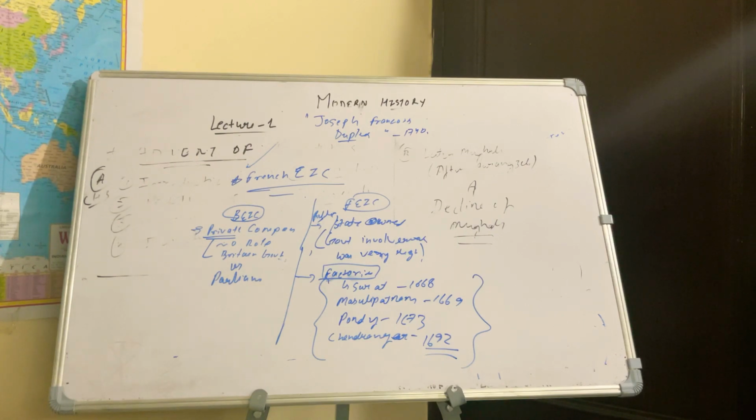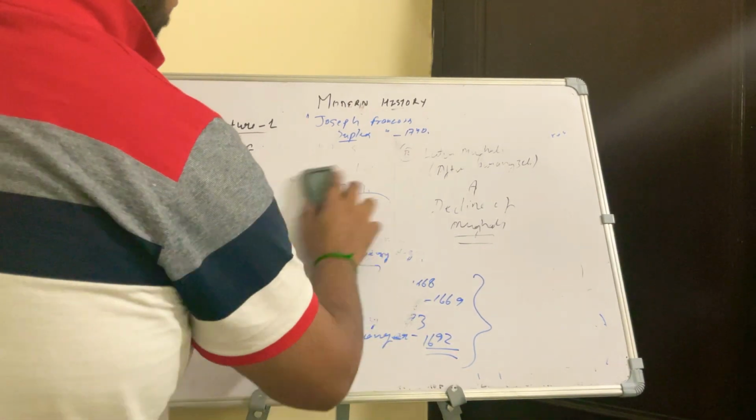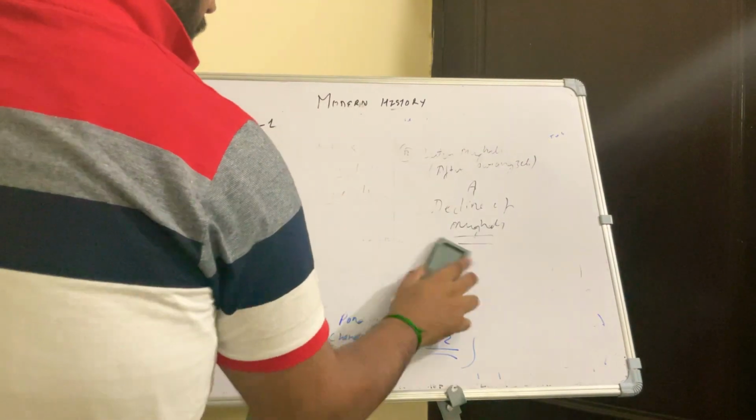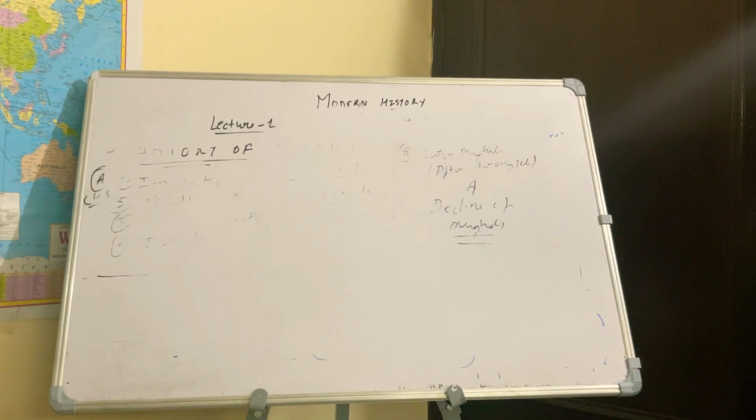As I told you in the beginning, the initial Mughal empire, from Indus Valley civilization till the time of Jahangir and Aurangzeb, we're going to study in ancient and medieval history, which we'll cover in the later part. So write down this topic: Later Mughals and decline of Mughals.